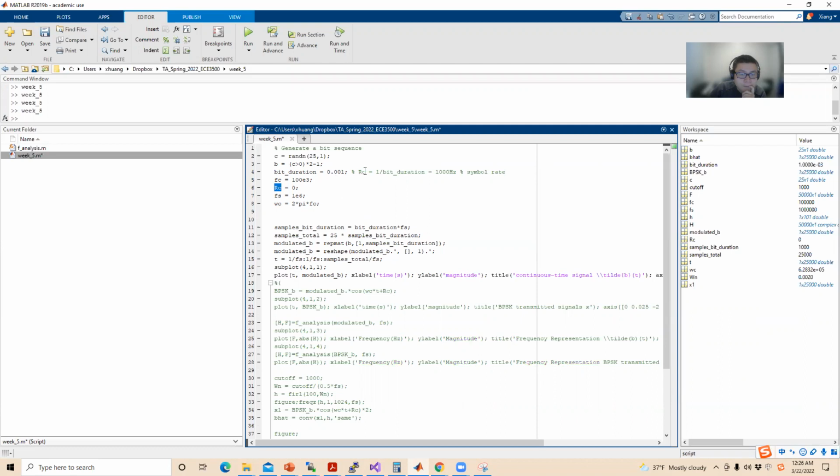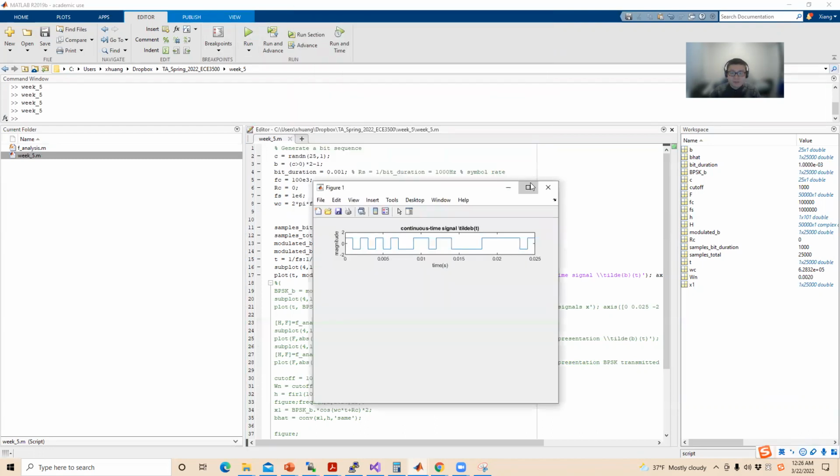Sorry, I should call it the symbol rate, RS. RS is the symbol rate. RC is the phase, and FC is the sampling rate, and omega c equals 2 pi times fc.